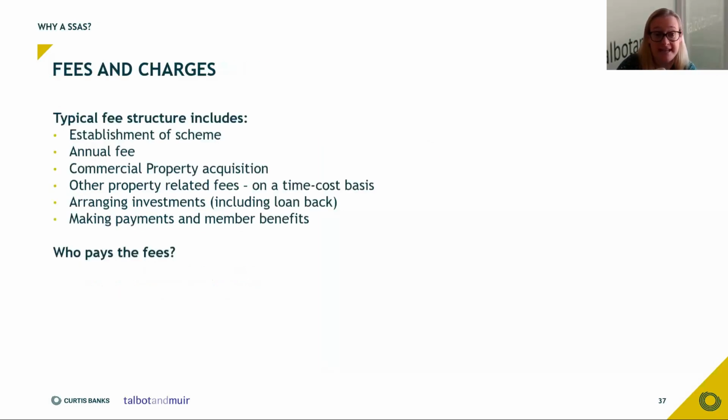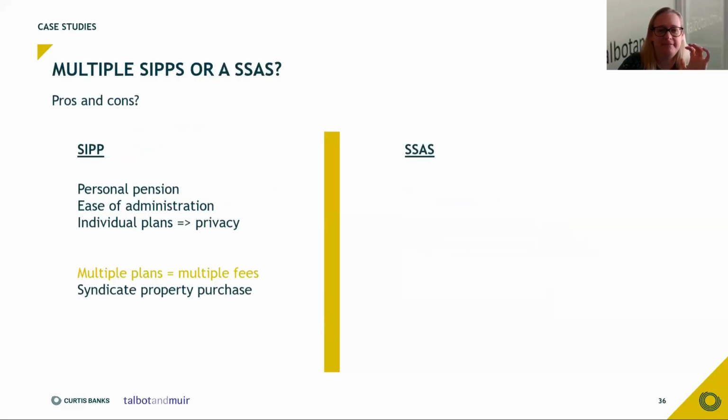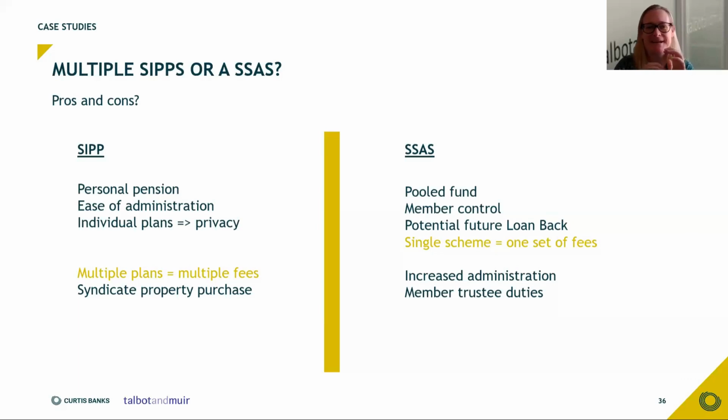Then with regards to SSAS, so there we go. We've got a pooled fund. The members collectively have control of the assets within the SSAS, so they make those decisions collectively.